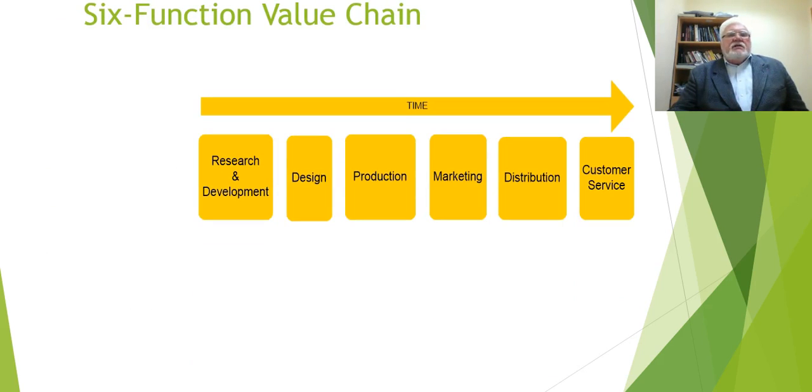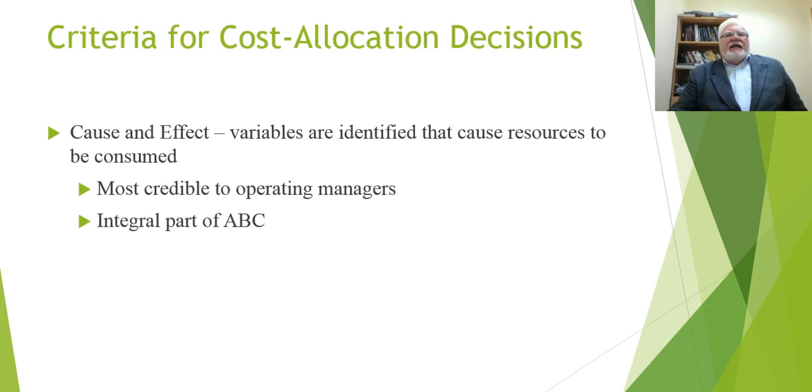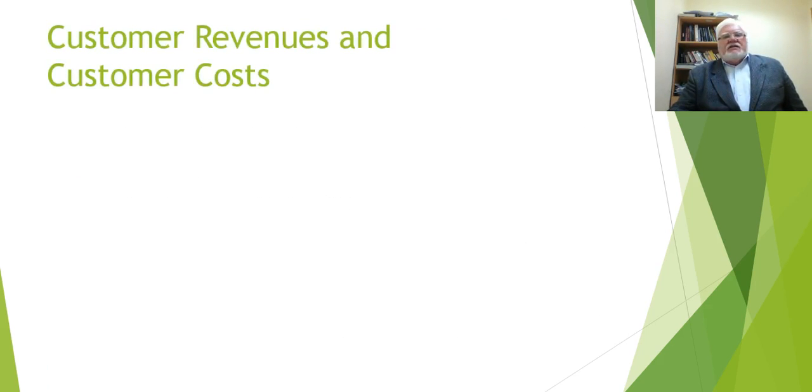Now I'm talking across the whole value chain. We look at the activities in research and development, in design, in production, marketing, distribution, and customer service. And those are the six function value chain. Now the customer service part is interesting. This has been a new process where we're looking at evaluating the cost of a customer.